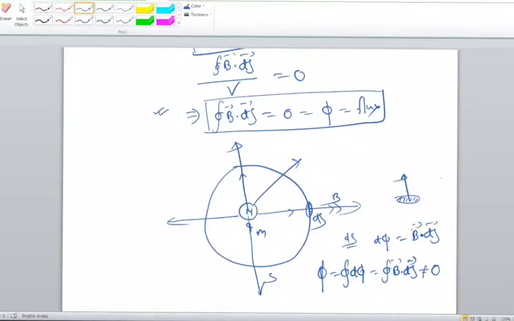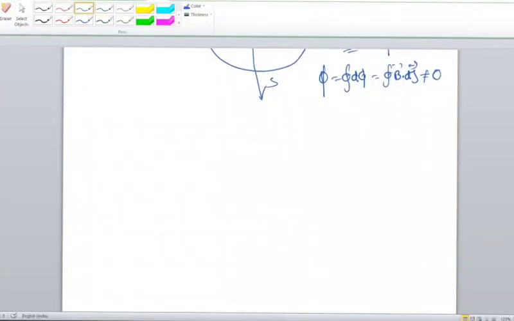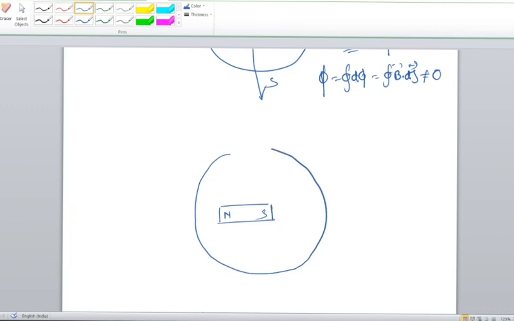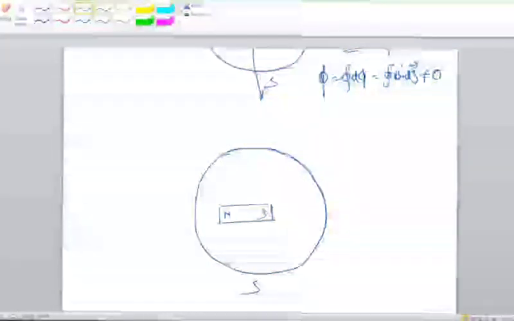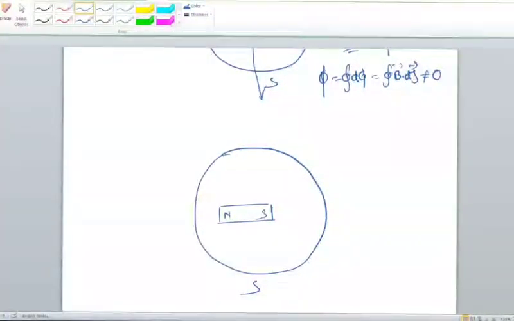Now if we take a magnet, here is a north pole as well as a south pole, a dipole-like system, and again we take a surface S. Magnetic lines of force are emitted from the north pole and go to the south pole, diverging from the north pole and converging to the south pole.